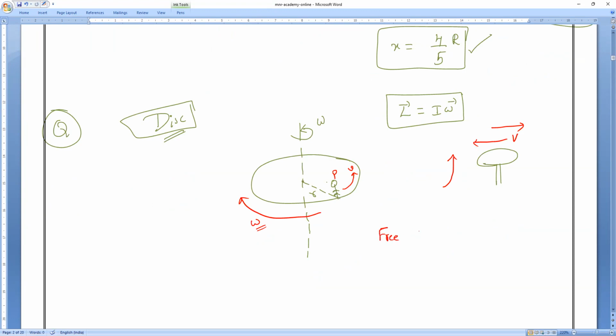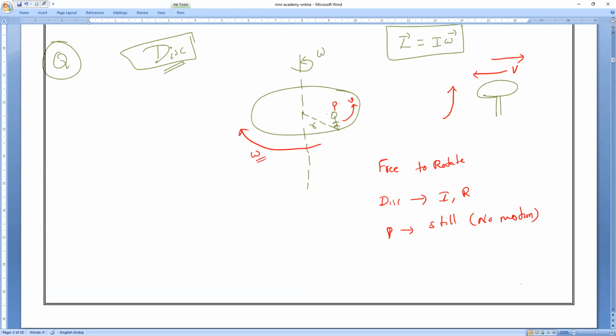So the opposite direction. The disk is free to rotate, with moment of inertia I and radius R, and the person is initially still, meaning no motion at the beginning. So the linear momentum of the disk plus person is zero at the beginning.